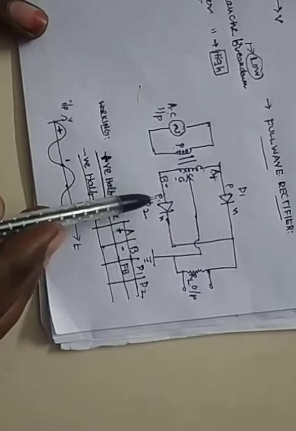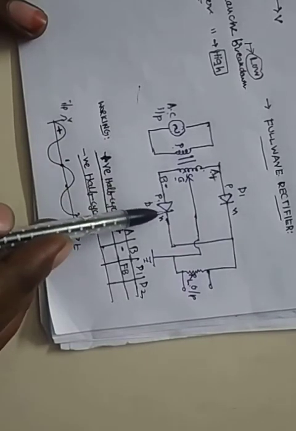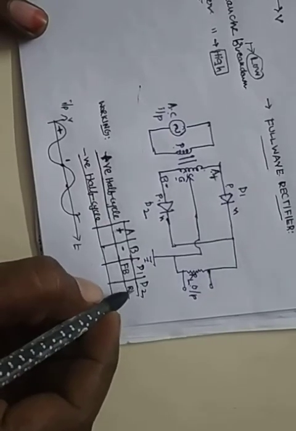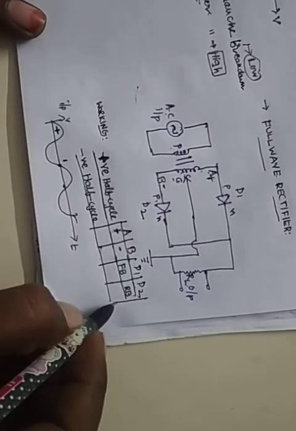Similarly here, when P is negative and N is positive, the diode is in the reverse bias. So which diode will work? The output will come out through the diode D1.